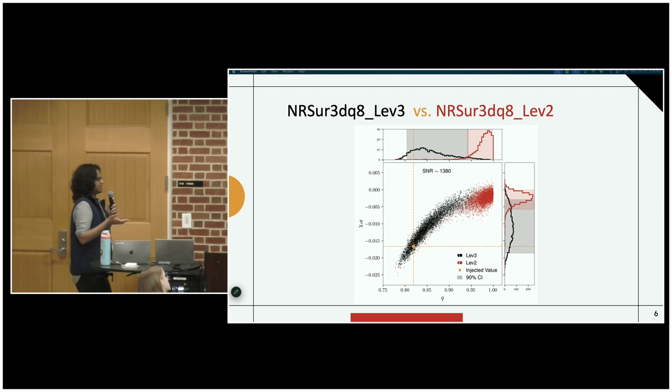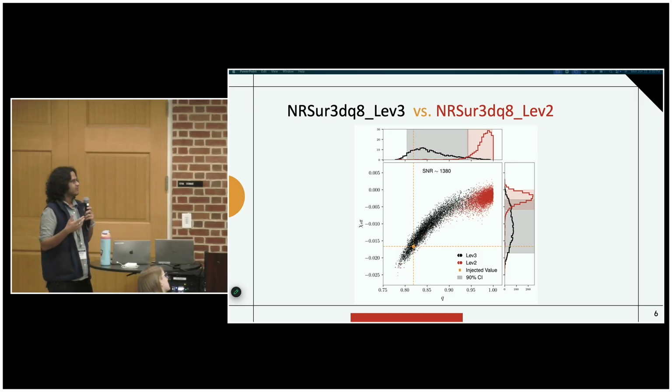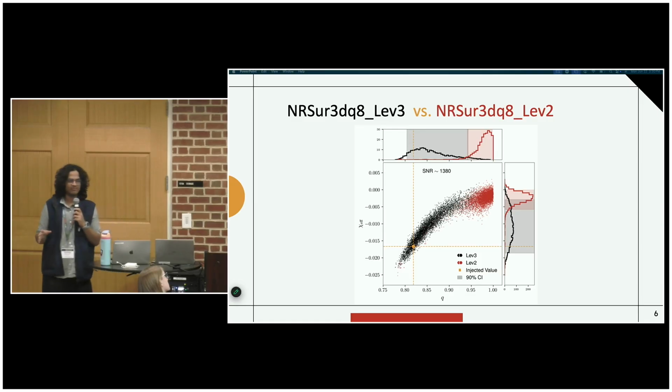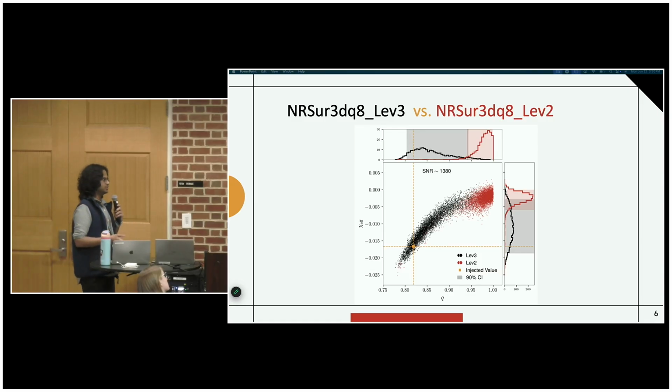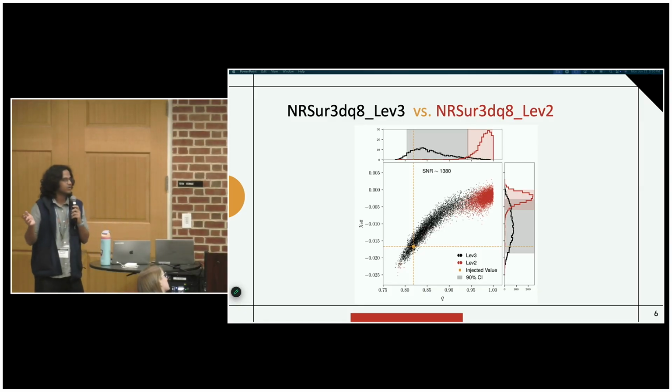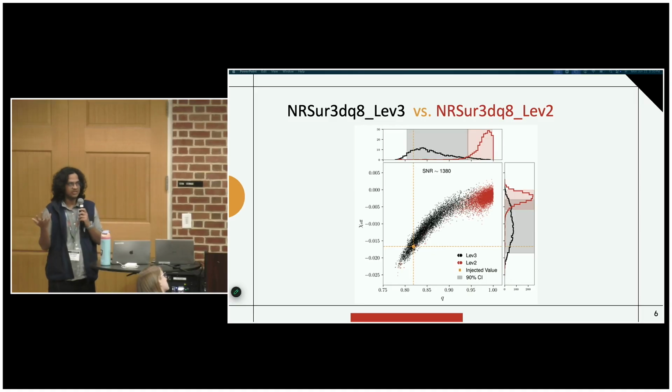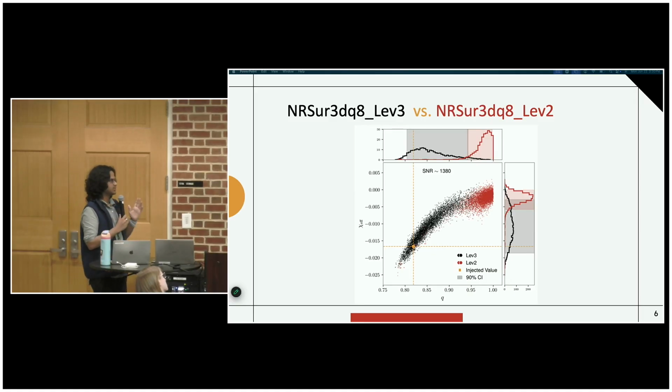Now, one guess that we have about why this is happening is that as you reduce NR resolution, your orbits shrink because you have to account for more energy being lost due to numerical errors. When you have more energy being radiated with lower resolution simulations, you end up with shorter orbits. From the data analysis point of view, though, shorter orbits are also achieved when you have systems with mass ratios near 1.